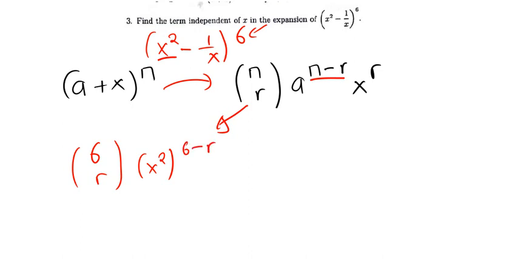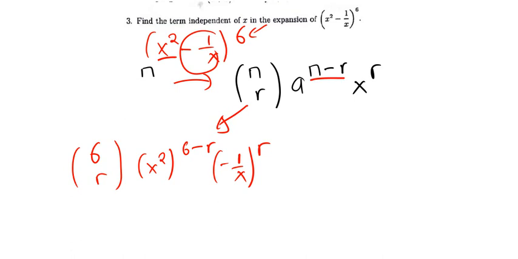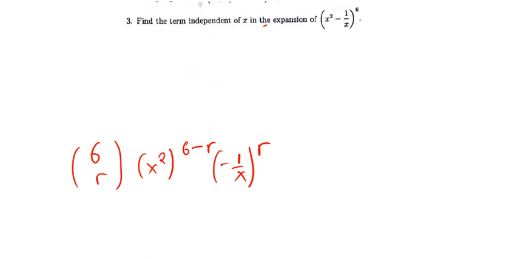And then x in this case is negative 1 over x raised to the power r, since we don't know what r is. So I can remove this part and show that this is basically what we're interested in.